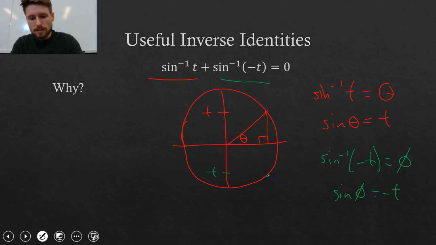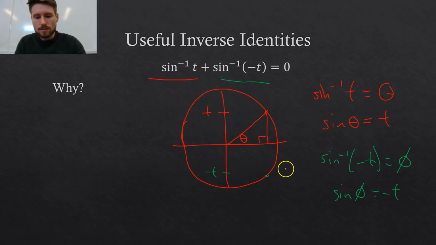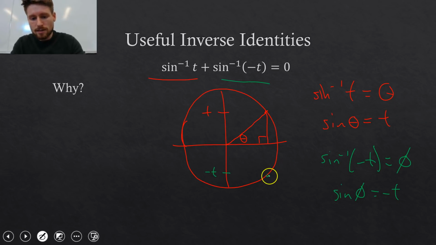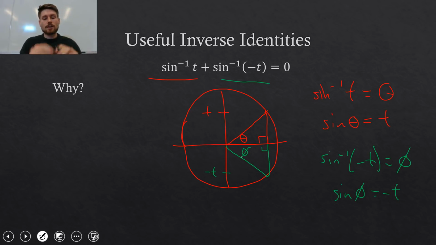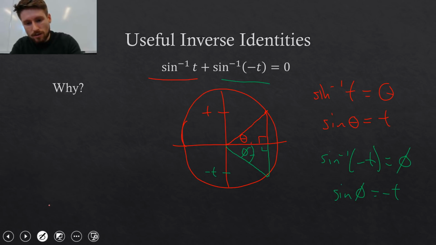So this point on the unit circle has that sine. And this would be phi. And hopefully we can see from this picture, these are congruent triangles. They're copies of one another. And so then these angles have to be the same absolute value. They're congruent to each other, but they're negatives of each other. So if we were to add them together, you would cancel out and get 0.